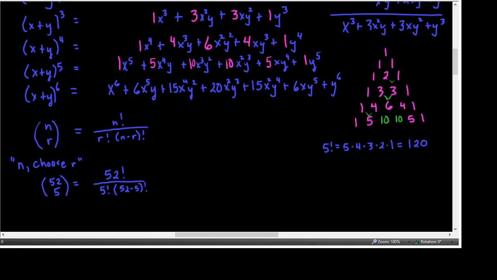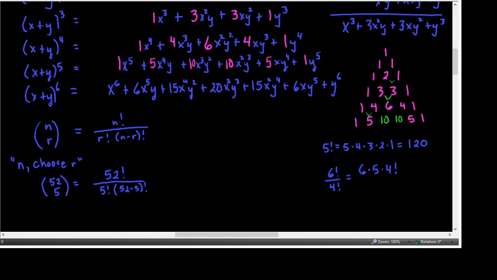Now I want to talk to you a little bit about factorial arithmetic. I'm going to use a smaller set of numbers. Like if I had 6 factorial and asked you to divide by 4 factorial. Since 6 factorial is 6 times 5 times 4 and the rest, I can stop that factorial anywhere as I expand it and just say and the rest, meaning factorial. So 6 times 5 times 4 factorial is 6 times 5 times 4 times 3 times 2 times 1.